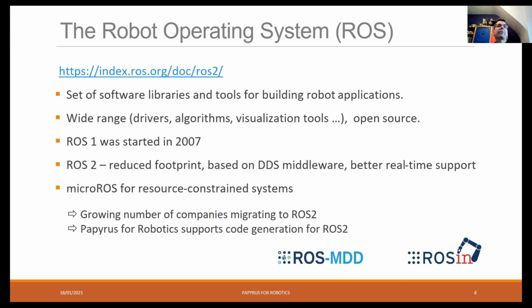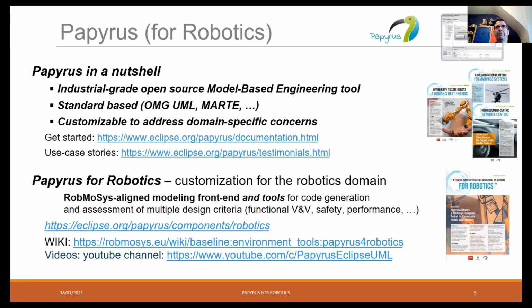As a result, a growing number of companies migrate to ROS2, and Papyrus for Robotics supports code generation for ROS2. This work has been chiefly done in the project ROS MDD, which is part of the ROS Industrial Project, a European H2020 project.